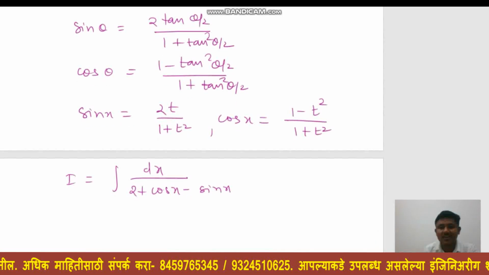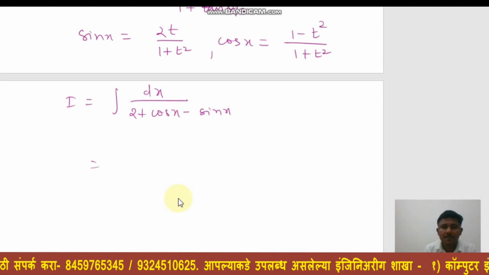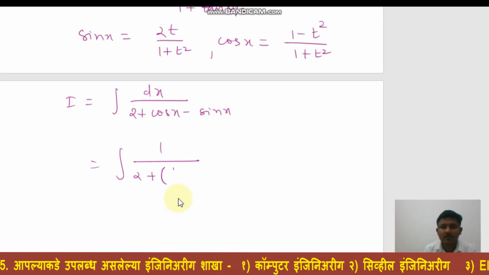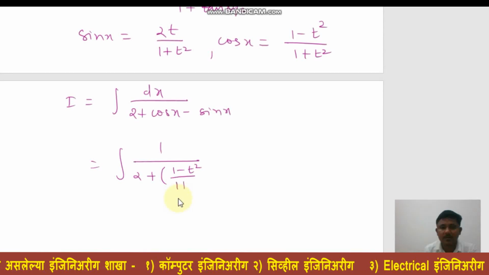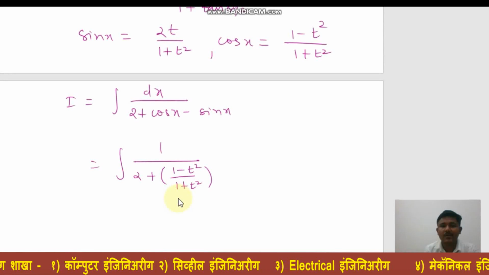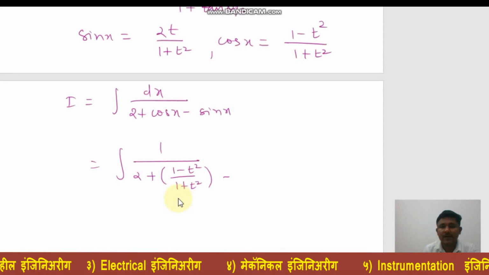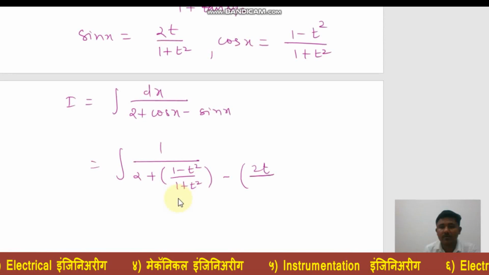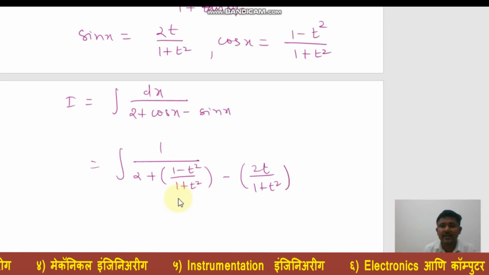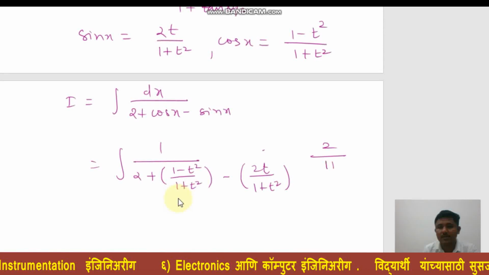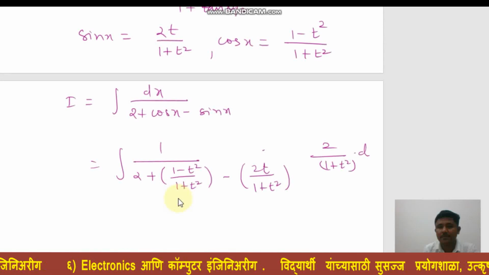So this integral now becomes integral 1 upon 2 plus (1 minus t square upon 1 plus t square) minus 2t upon 1 plus t square, into the value of dx, 2 upon 1 plus t square into dt.